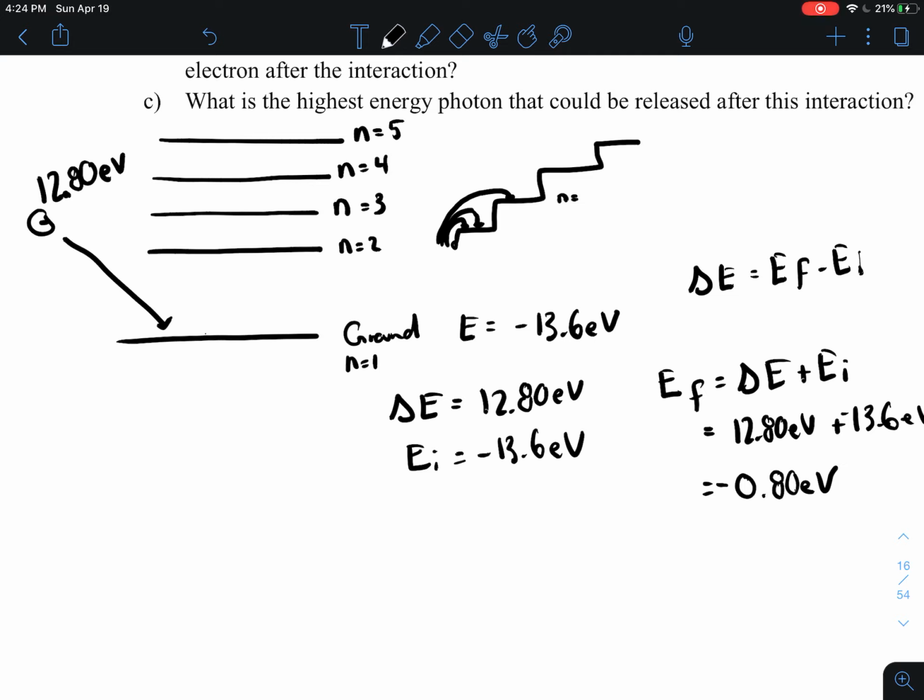The electron is going to jump somewhere between these two and fall back down onto this one, because the energy level of this one was negative 0.85. And it doesn't gain that much. It only gains between those two values.